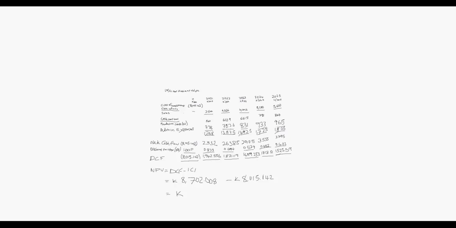Minus 8,015,142. So the NPV we are finding is 686,866.